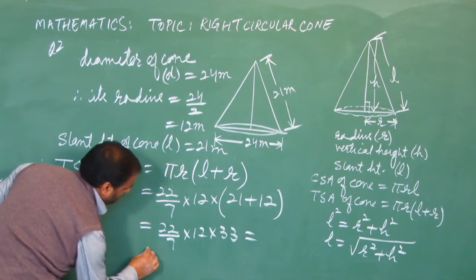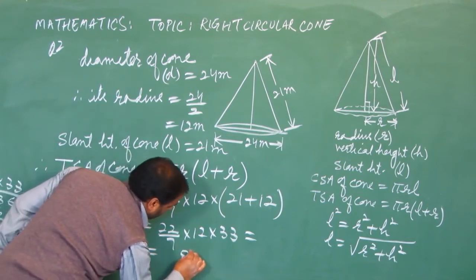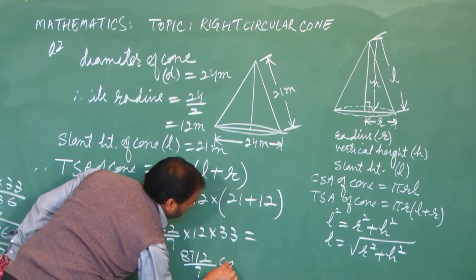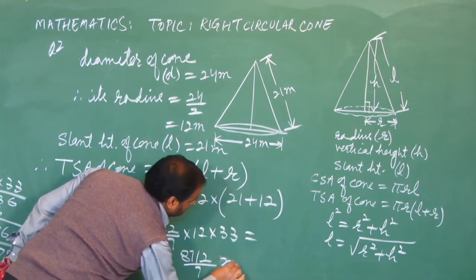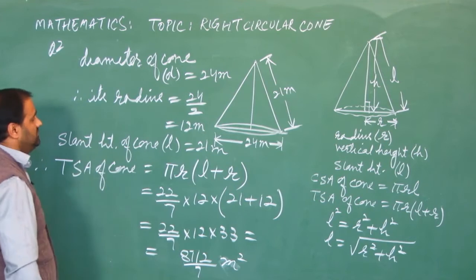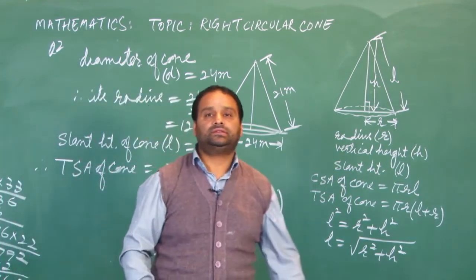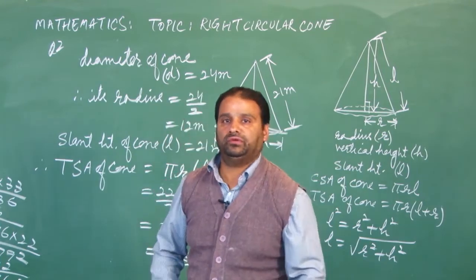It's 8712 by 7. Because the unit is in meters, its area is 8712 by 7 meters square. This is the total surface area of the cone.